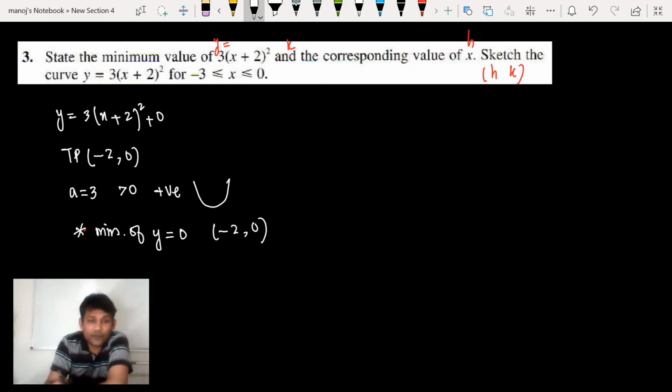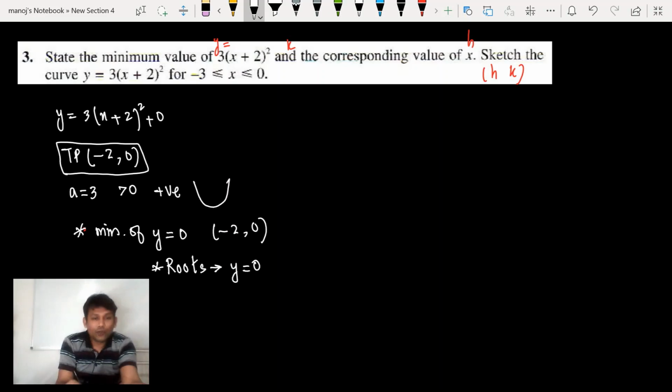Sketch the curve. As we're doing a sketch, what we need is the turning point. We need roots. Without roots we cannot work. Roots means the value of x when y is equal to 0. So I will put the value 0 here. 0 equals 3 times x plus 2 whole square plus 0. 3 divided by 0 is 0. x plus 2 root is 0, and x equals minus 2.